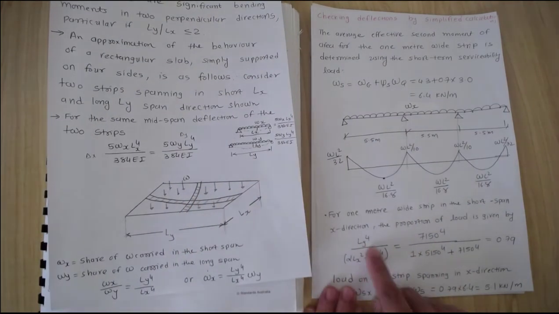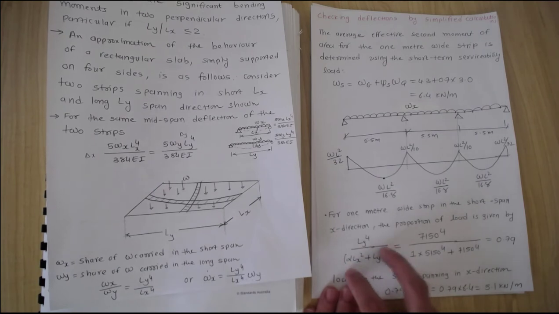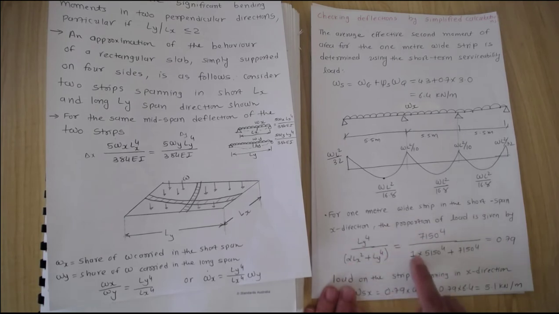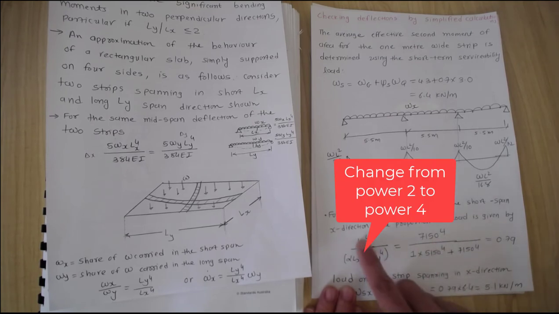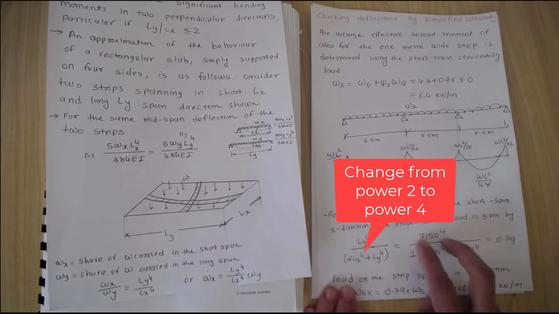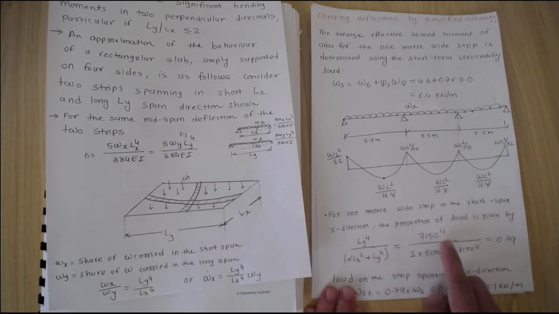There is no equation in the standard, so I take this one from a book: Ly to the power 4 over alpha Lx squared plus Ly to the power 4. For alpha, the value given is 1. Ly is 7150, which is the longer one; we did it in the previous video, where we saw how we calculate this Ly.